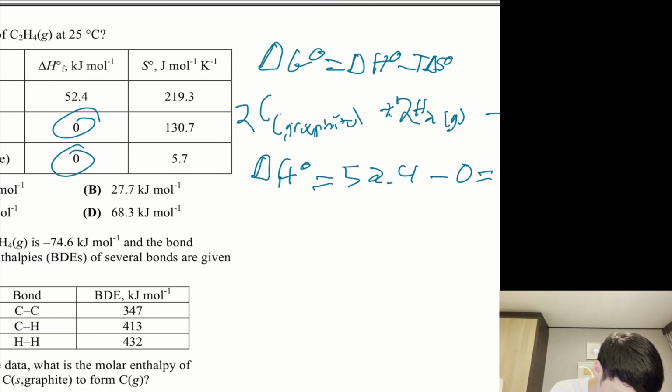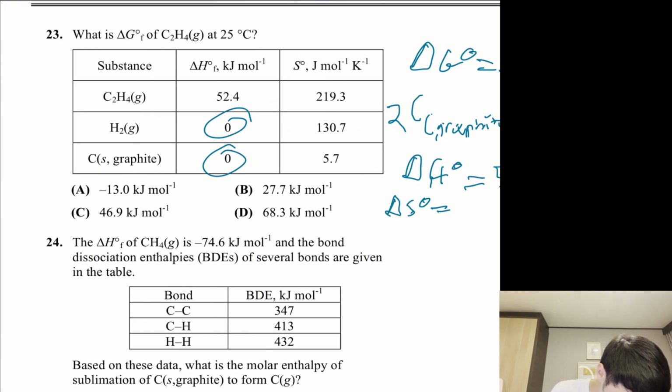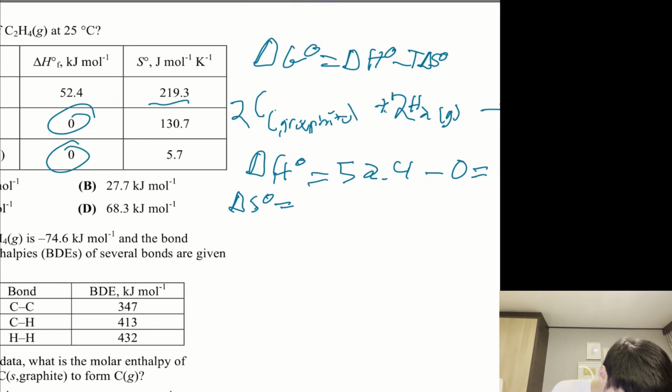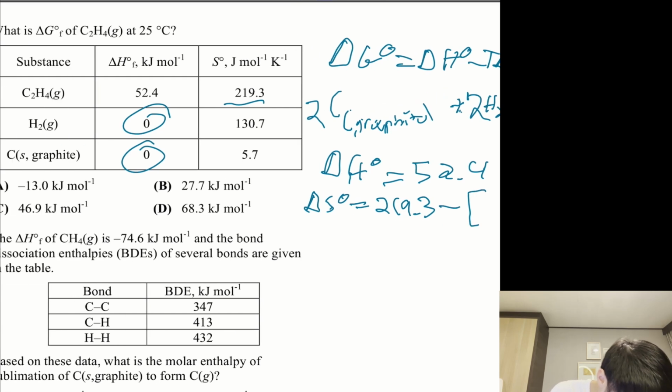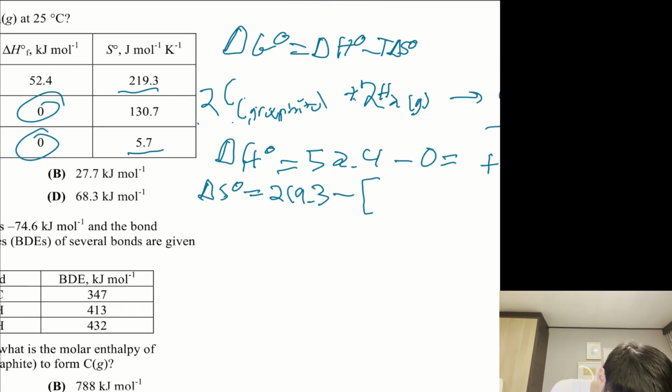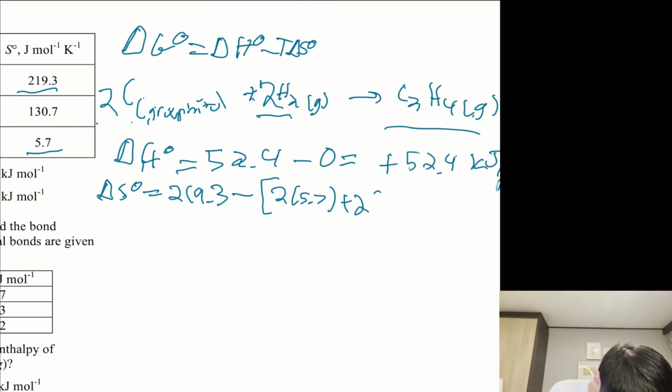And then delta S naught, we're going to also use this products minus reactants. And this time the product is this 219.3. And then the reactants are 2 graphites, so 2 times 5.7, plus 2 hydrogens, so 2 times 130.7.